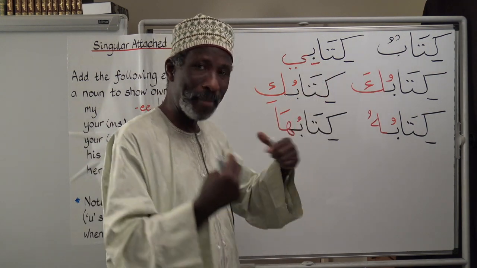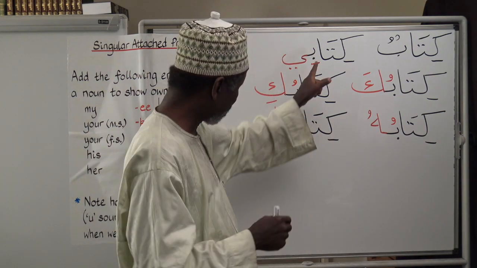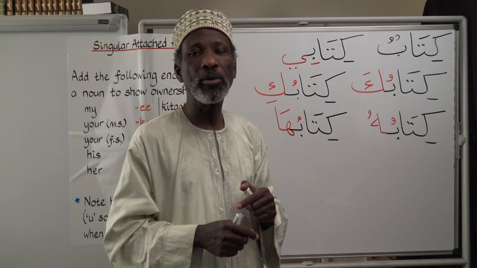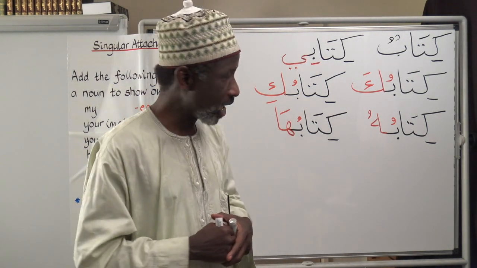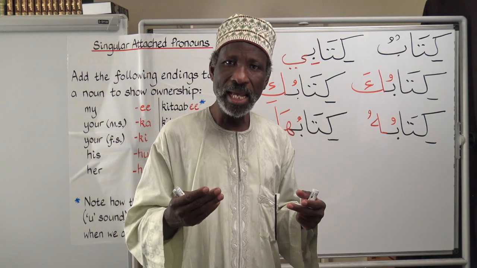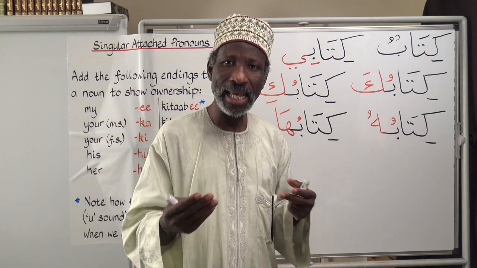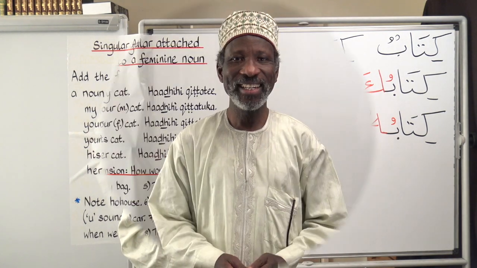And to say my, we need that sound of e ending. We put kasra, and then you put ya, which is lengthening ya. So e, ka, ki, hu, ha ending.